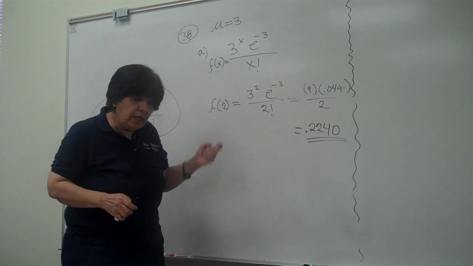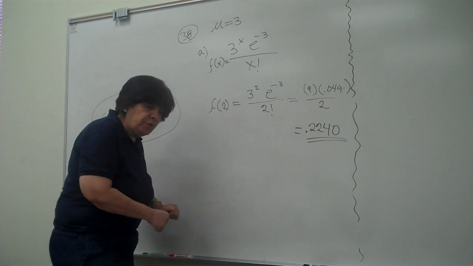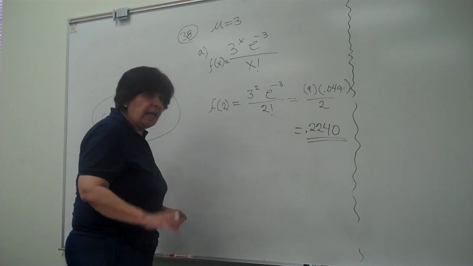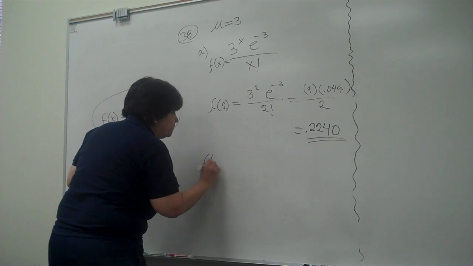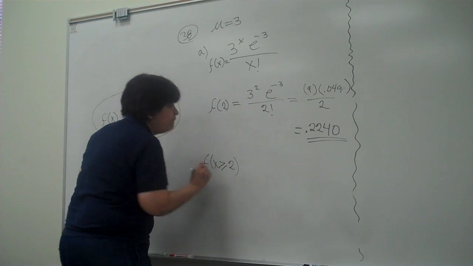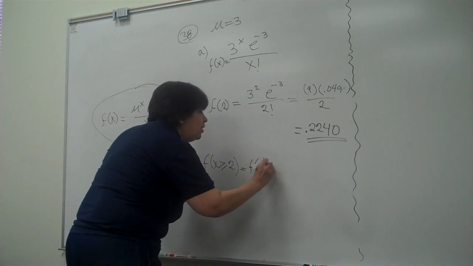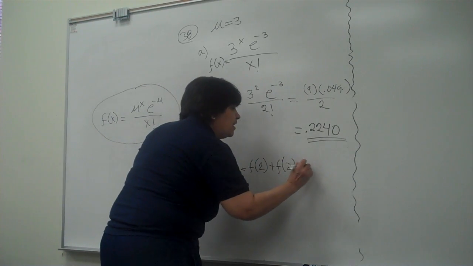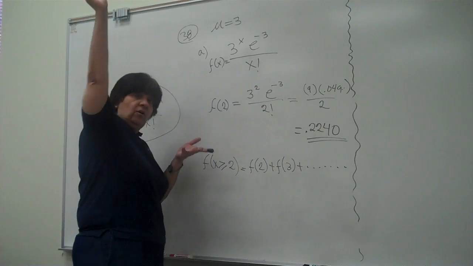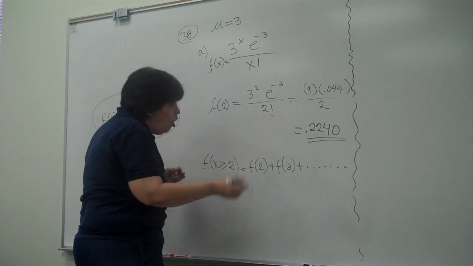D asks you to compute the probability of x greater than or equal to 2. So you have to have f of 2 plus f of 3 plus all the f's until infinity, if you will.